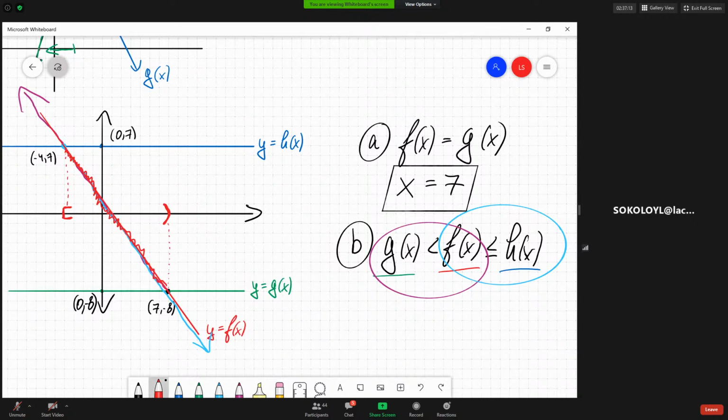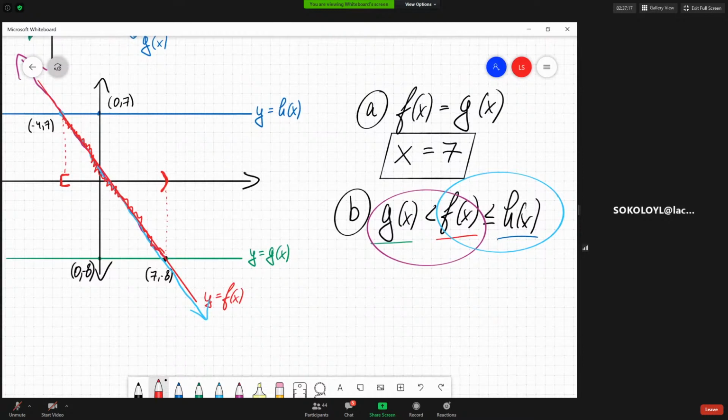If we sum this up in interval notation, we would get -4 as the starting point, and that's included, all the way to 7, and that's excluded. So that would be our solution.